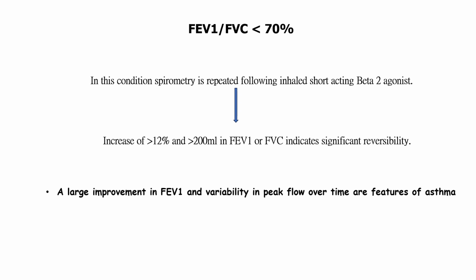So in a case with FEV1/FVC less than 70%, that means it is an obstructive lung disease, mainly asthma or COPD. In these two conditions, the patients come to you with breathlessness, and you have done a spirometry, and you have to treat the patient.